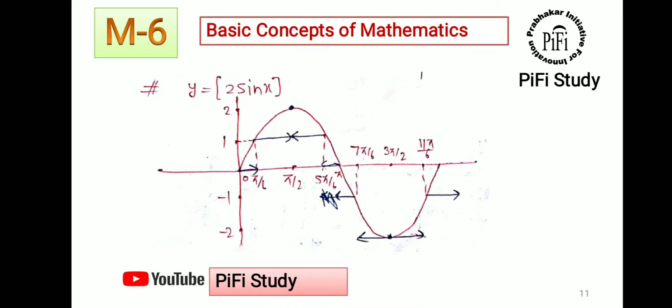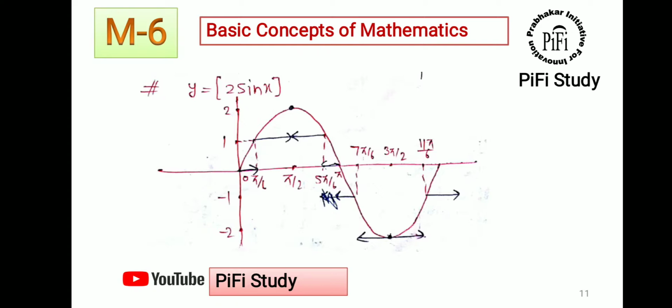Means only one thing you have to understand in this case: the value you are getting on the y-axis should be an integer value, it should not be a decimal value, if the greatest integer function is there.